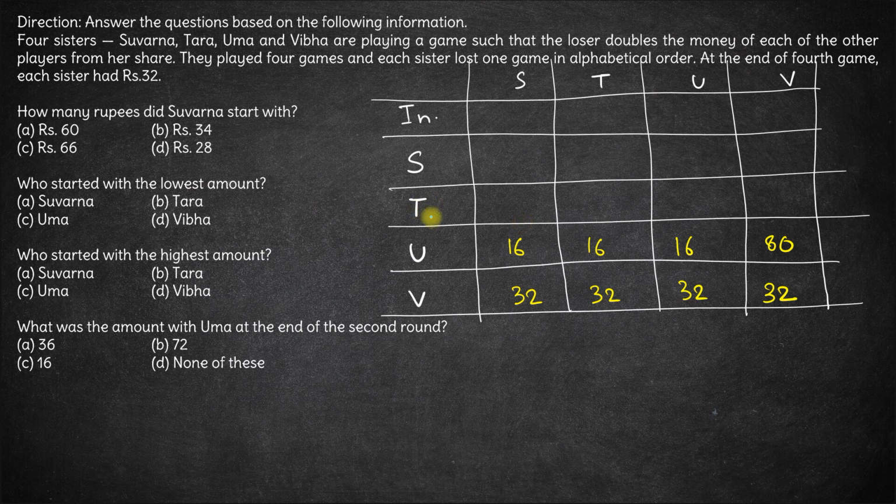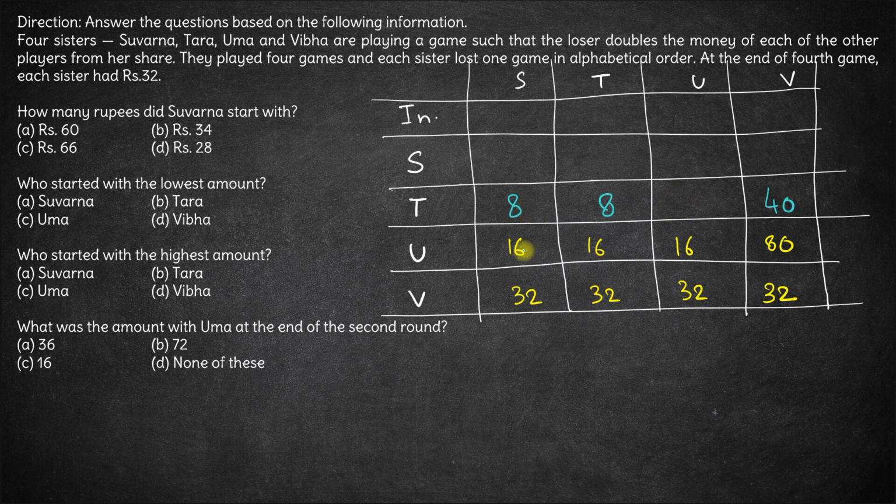Correct? Now in the 3rd round we know U loses. So U must have doubled the amount with the other 3 people. That means the amount with S must have been 8 before the 3rd round. With T also it must have been 8, and with V it must have been 40 rupees, right? So what would have been the amount with U?